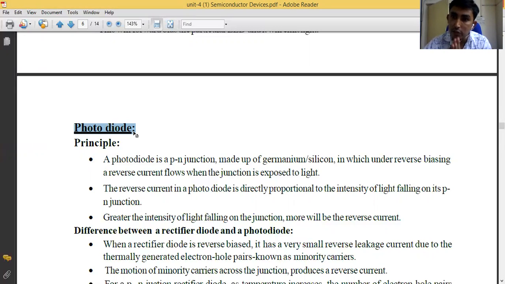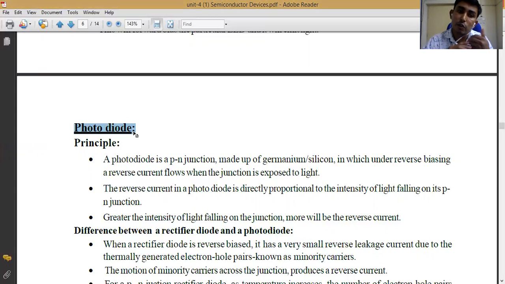So ultimately, we can say that the reverse current of the photodiode increases if the intensity falling on the junction increases. The reverse current is directly proportional to the intensity of the light falling on the PN junction.